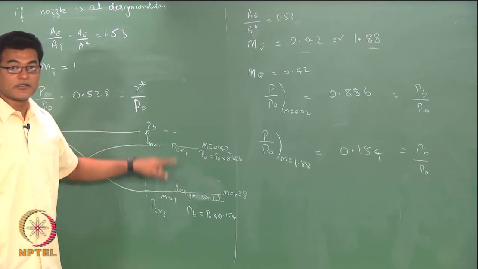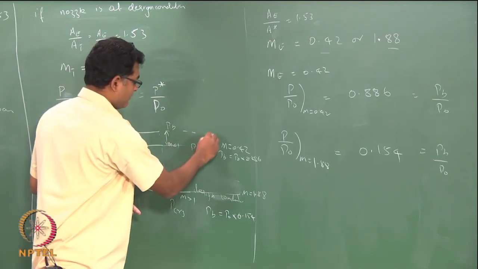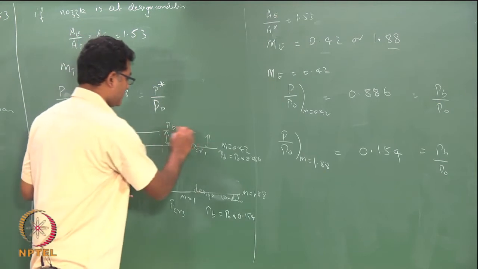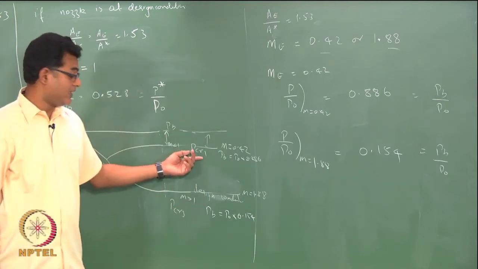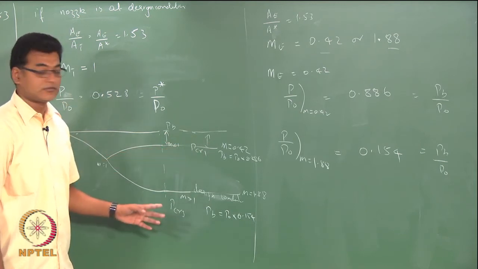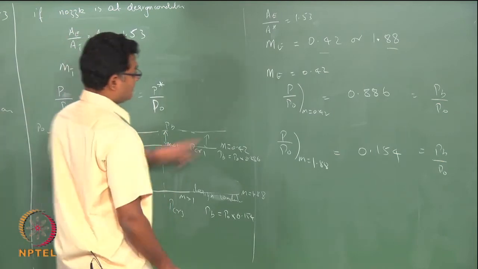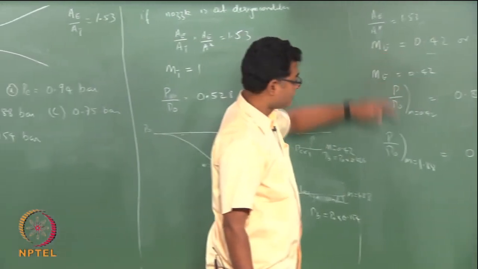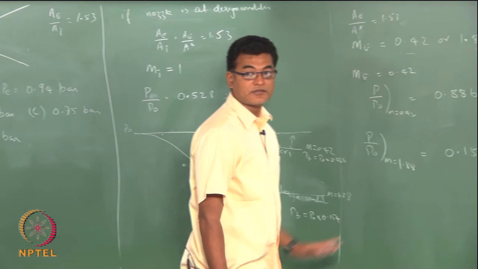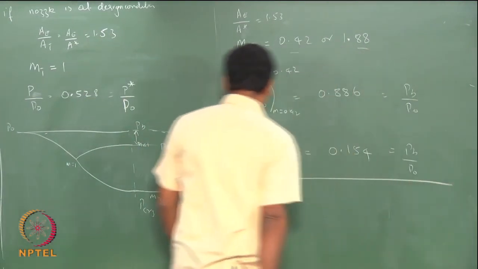Both are isentropic solutions. Any pressures between this value and the critical pressure 1 will give me a subsonic solution. So, all I need to check is whether these pressures are above or below this particular pressure ratio.